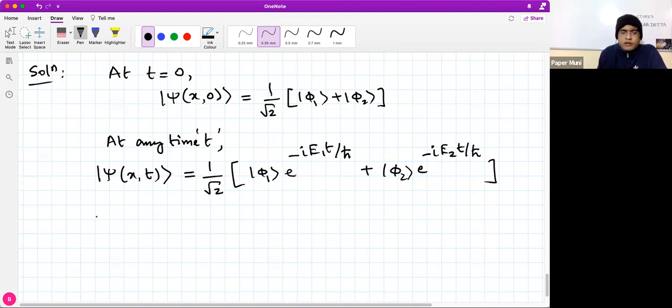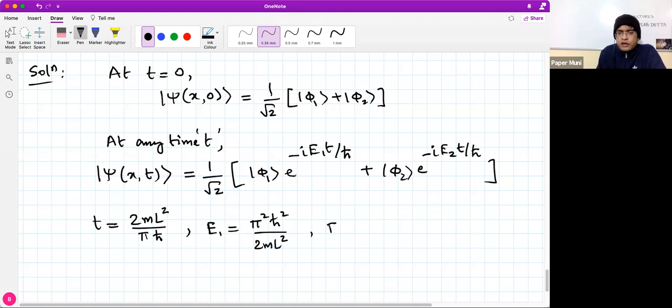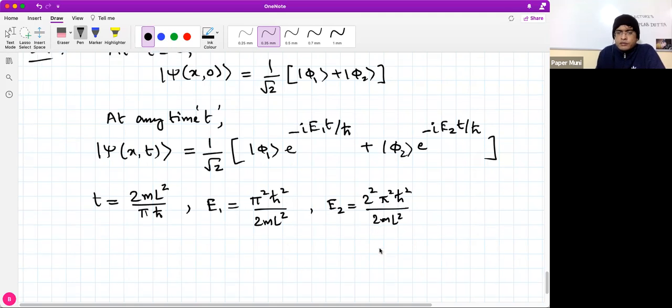Now what are the things given to us? We want to find the wave function at this particular time t. What other information do we have? E1 is π²ħ² by 2mL², and E2, the first excited state, is 2²π²ħ² by 2mL².